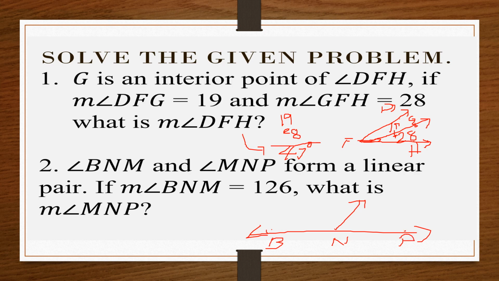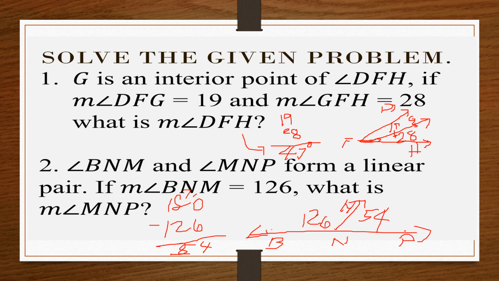We have M here, and it says this is 126 degrees. So 180 minus 126, this will become 7 minus 5 is 2. That's 54 degrees. So this is 54 degrees.